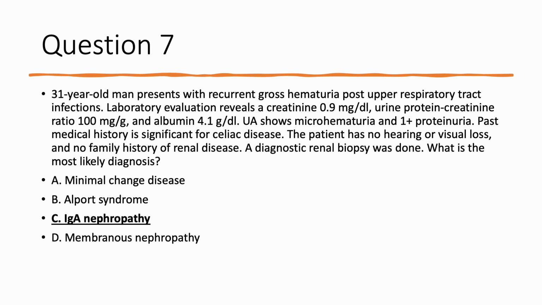C. IgA nephropathy. So here we have many clues that this is IgA nephropathy. Big clue, gross hematuria recurring after upper respiratory tract infection. But you can see that also with Alport syndrome, which is X-linked hereditary disease. You have in Alport syndrome usually hearing loss, visual problems, and you have problems with the glomerular basement membrane.